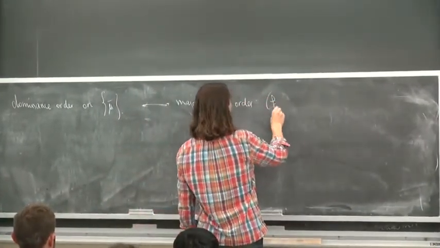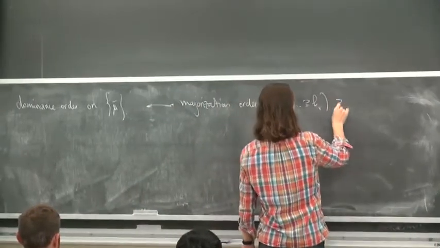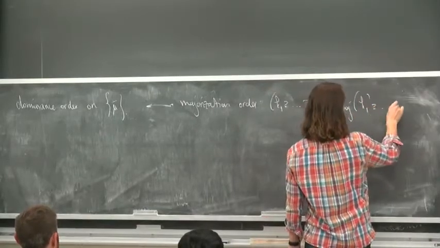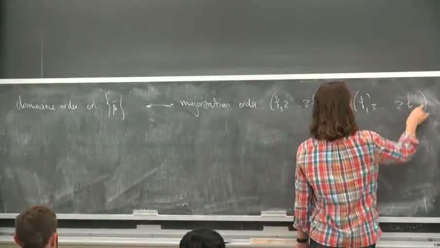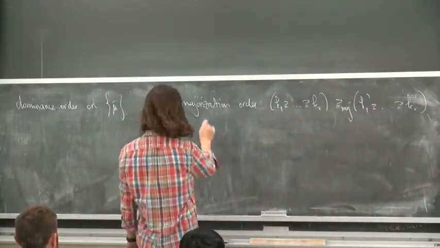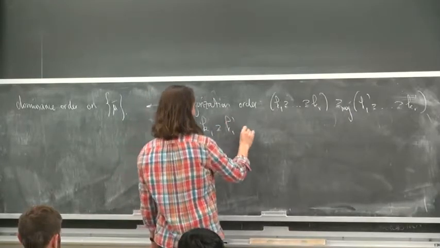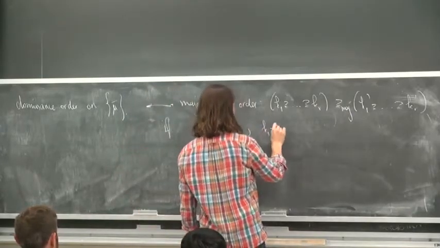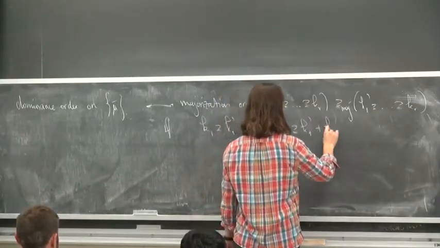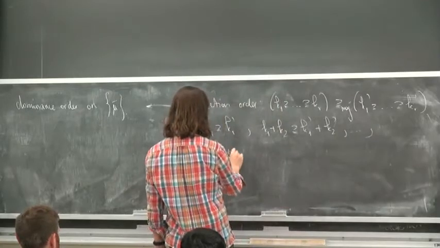So a sequence mu_1 up to mu_n is considered to be greater or equal in the dominance order to mu_1 prime up to mu_n prime if and only if mu_1 is at least mu_1 prime, mu_1 plus mu_2 is at least mu_1 prime plus mu_2 prime, and so on. And the total sums are the same.